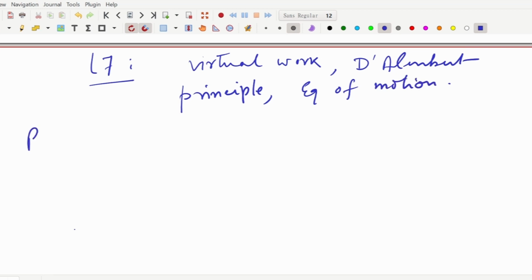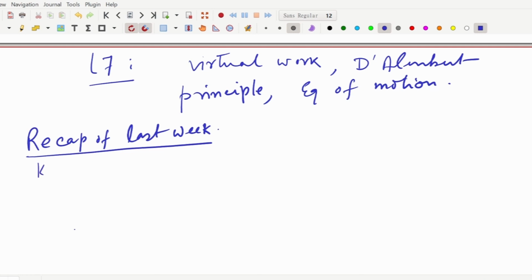So, recap of last week. In last week we developed key concepts. Now in this week we'll see how a classical system can be described through some equations. So, the key concepts in the last week.